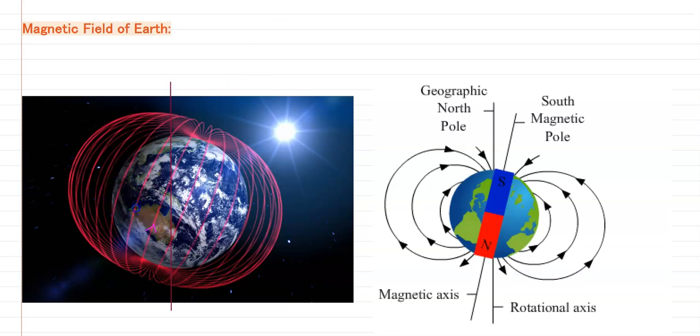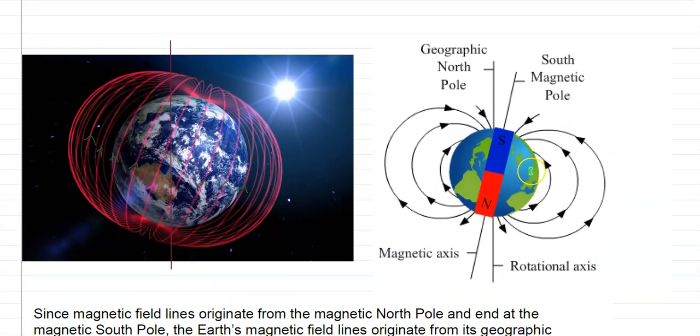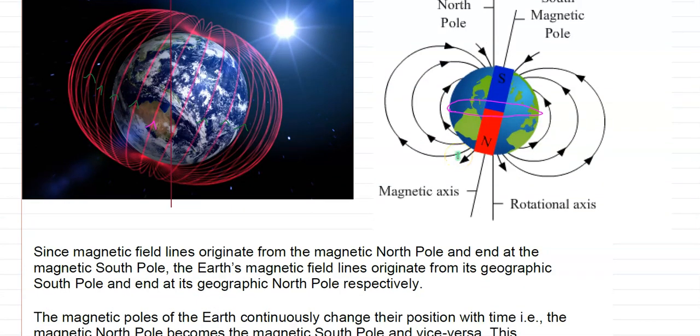In the 2D picture on the right side, the magnetic north and south is called the magnetic axis, and the geographical north pole and south pole is called the geographical axis. There is also a geographical equator, and there will also be a magnetic equator.